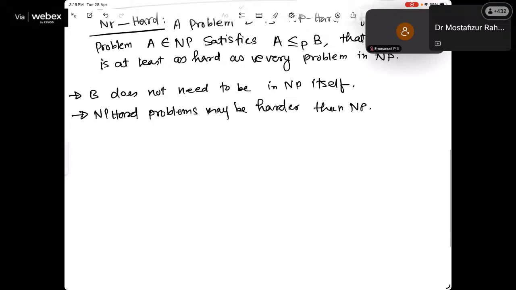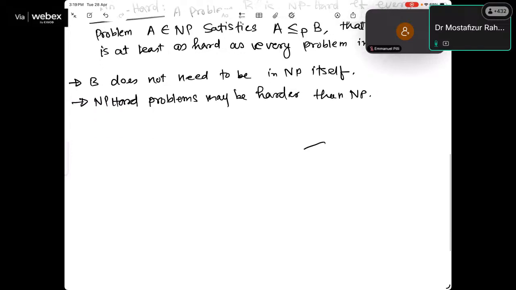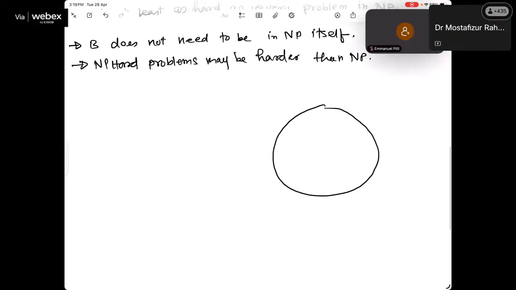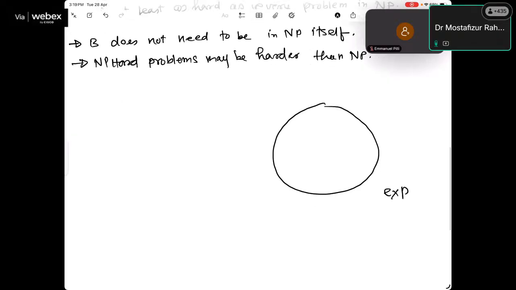Suppose this is the set of problems which can be solved in polynomial time, and outside this box, whatever problem exists belongs to EXP or PSPACE in a general sense.